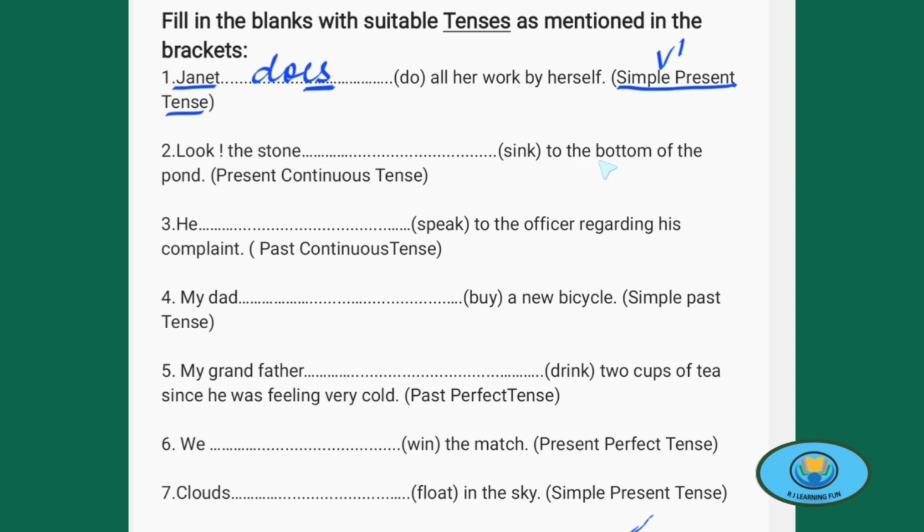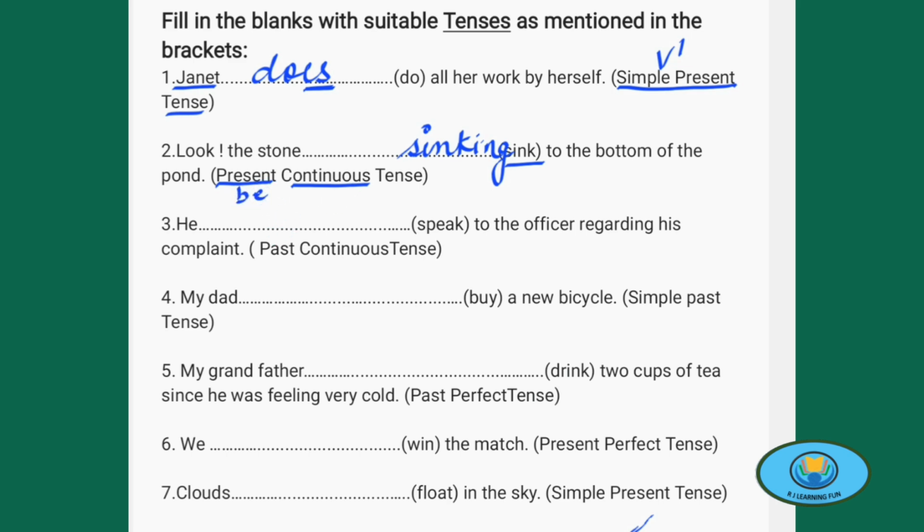Look, the stone is sinking to the bottom of the pond. Now, present is there, continuous is there. So whenever continuous is there, it means you will use the ing form of the main verb. So, it is sinking. But how will anybody know whether this continuous is present tense or past tense? For this, to show that this continuous is present continuous, we will use the be form of verb.